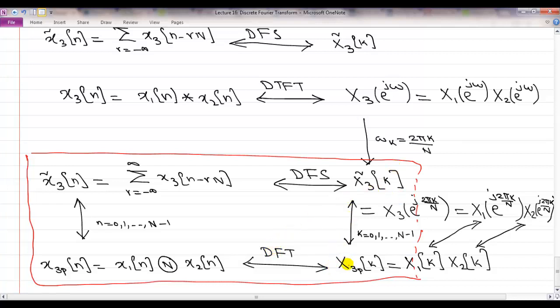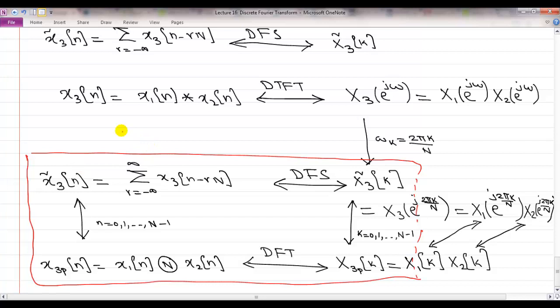The discrete Fourier transform coefficients here correspond to one period of X3 tilde k. So the corresponding time domain signal must correspond to one period of X3 tilde n. That is one side of the picture that you need to have clear in your mind.